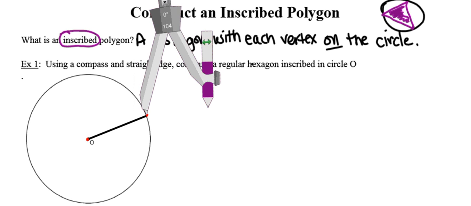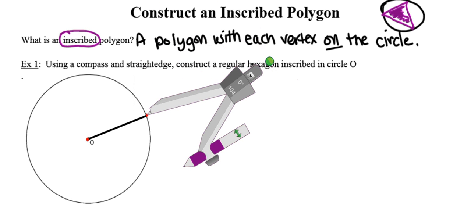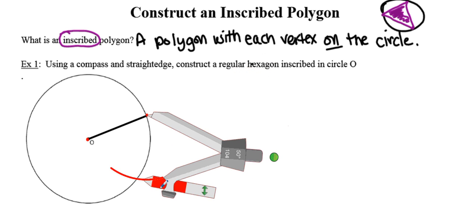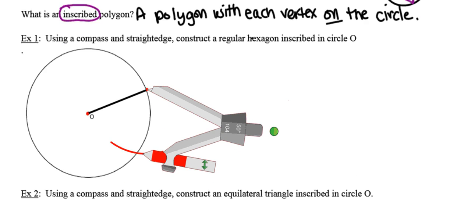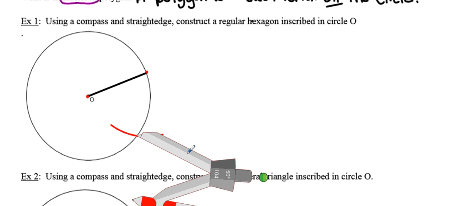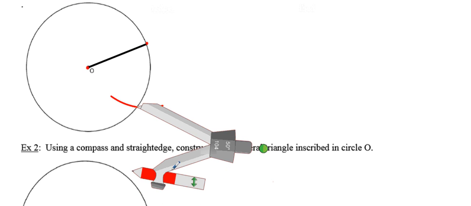And I'm going to start by drawing some arcs. And I'm going to make each one of these arcs exactly the same length, and I'm going to do them all in red. Once I get my first arc done, I'm simply going to move the point of my compass to the spot where that red arc intersects the circle.